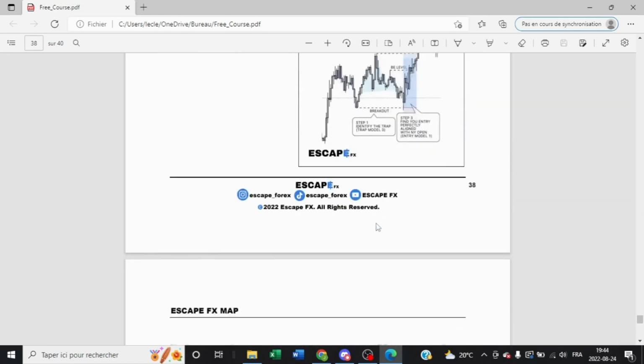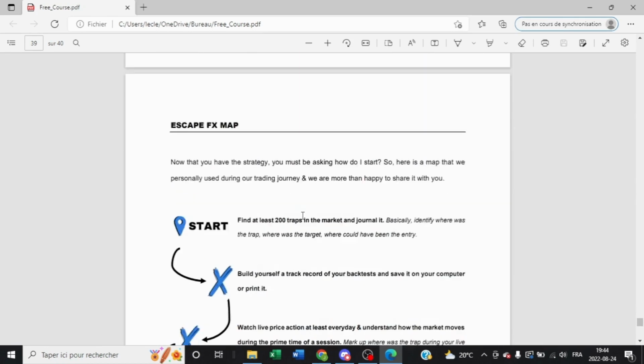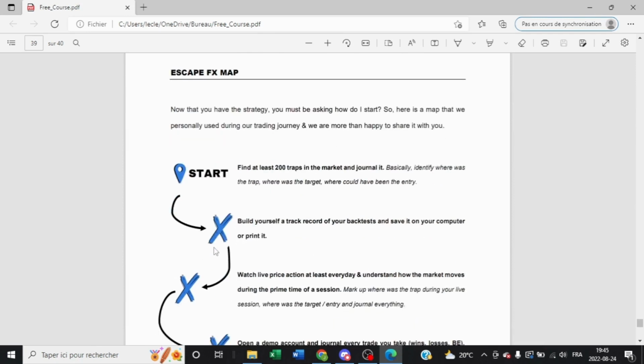So this is good. Oh yeah, I want to go over the map. The map is very important for you guys to understand that you need to find at the beginning at least 200 traps, and you need to journal them. What I mean by that is, let's say yesterday I took 2 trades and this gave me 2 traps.